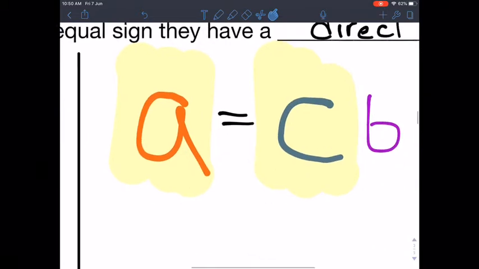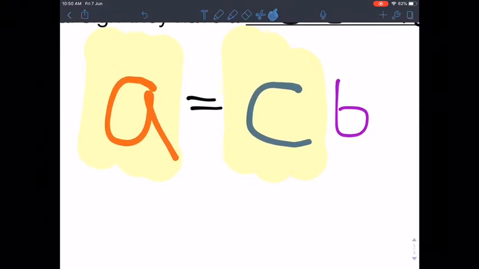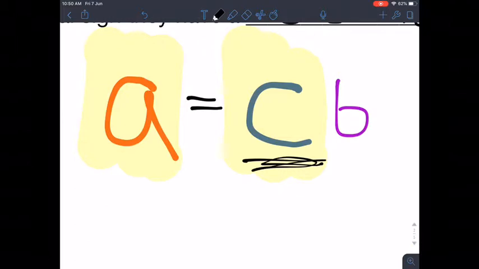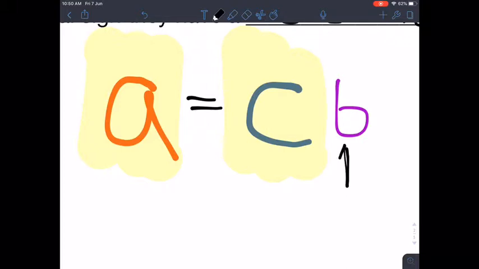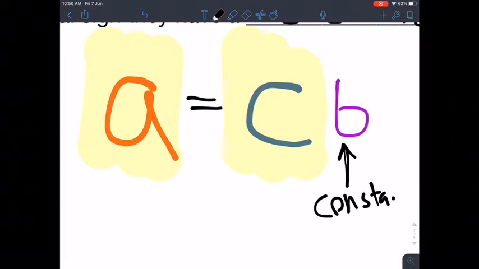Okay? Here's an example. If C gets really, really big, then A also has to get really, really big in order to make the equation work. Now, this does assume that B here is not changing, that it is constant, but we just said we were only looking at the relationship between this and this. That's fine.